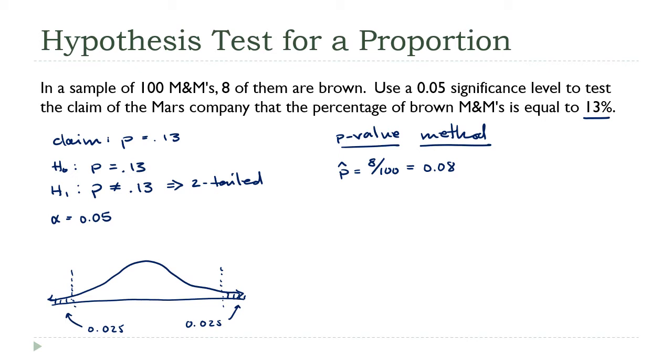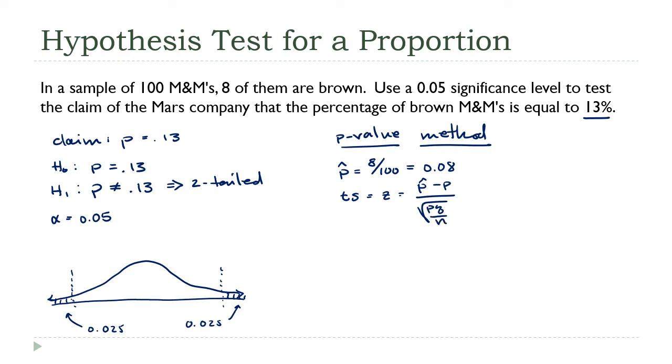Okay, so what I want to know is, what is the probability of getting that result, assuming that 0.13 really is the correct value? Well, to do that, I need a z-score. This is my test statistic. Remember, the formula here is p hat minus p divided by the square root of pq over n.